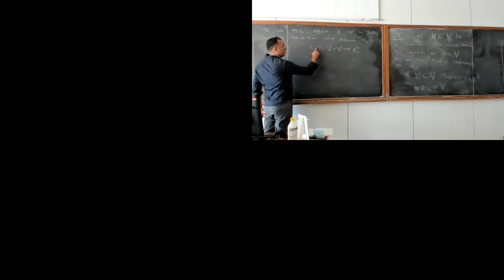It's linear in one variable, but anti-linear, that is conjugate linear, in the other variable. And it has the property that <v,v> has to be real, greater than 0, and equal to 0 if and only if v is 0: positive definiteness.